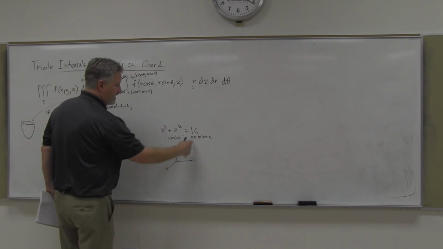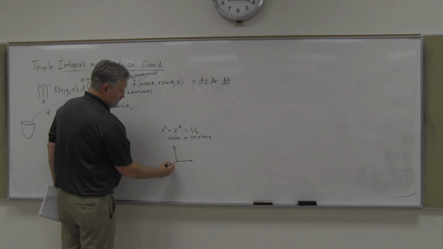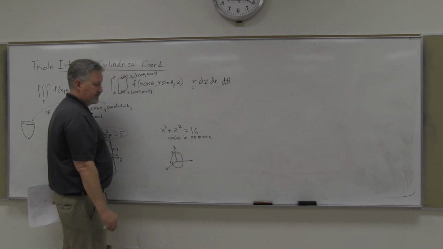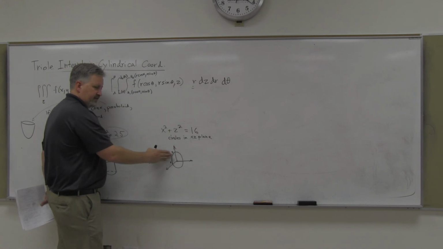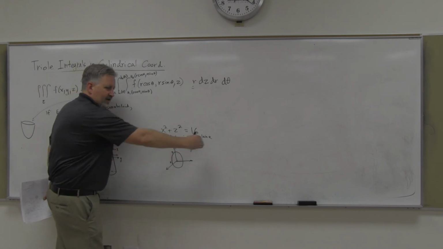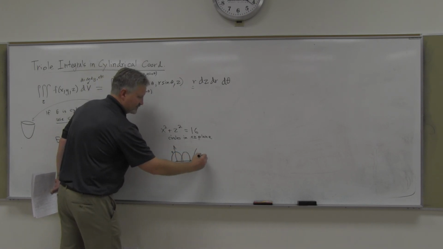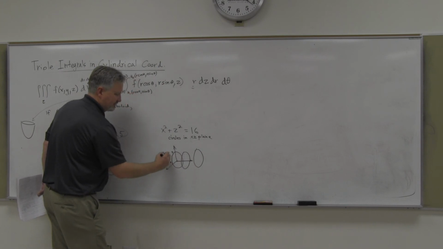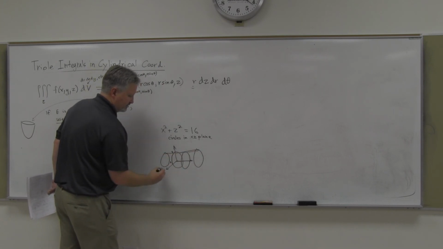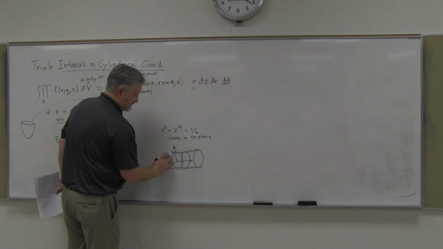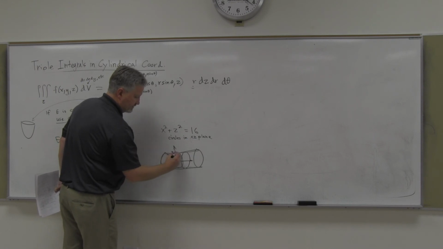In the xz plane, I've got a circle radius 4. So x is 4, z is 4, negative 4, and so forth. So I've got this circle in the xz plane, which is kind of at an angle there. But the y can vary, and so you've got these radius 4 circles, but y's are varying. So you get a cylinder more like this.